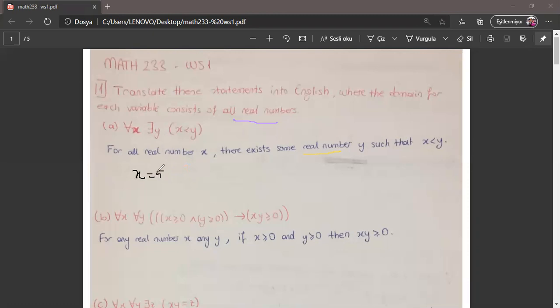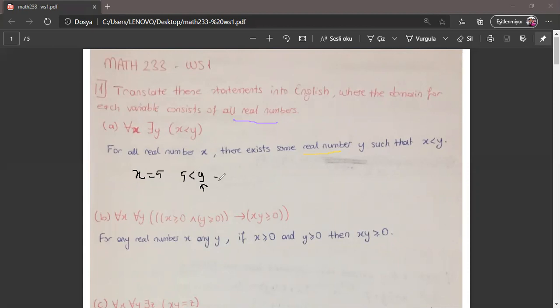This is a real number, so we can pick this. What about Y? We don't know yet if it exists or not. But at the end, we need to obtain such a Y if it exists. So, is there any Y which satisfies this?